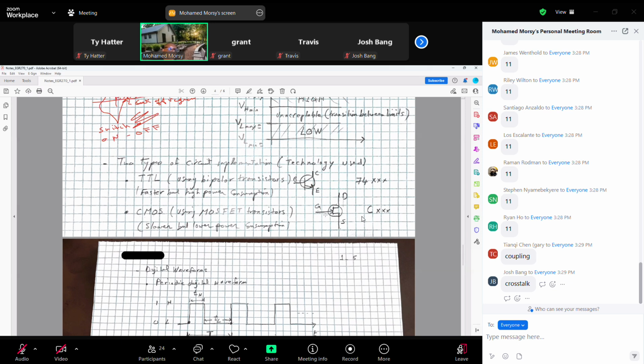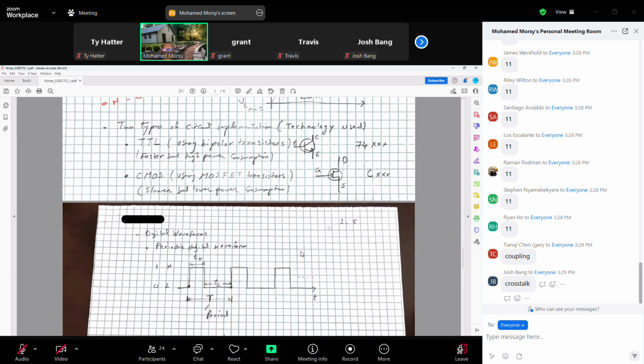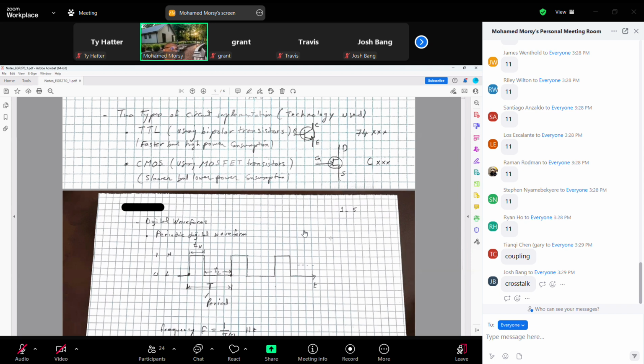But in CMOS, the base is called the gate, G, the collector is called the drain, and the emitter is called the source. The number in the IC starts with C in CMOS, but in TTL it starts with 74, most likely. Okay.